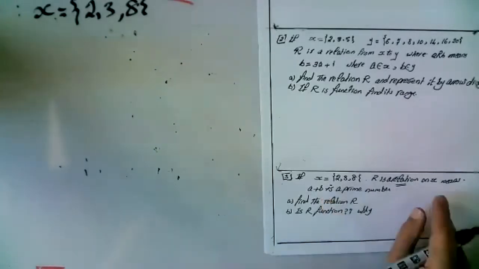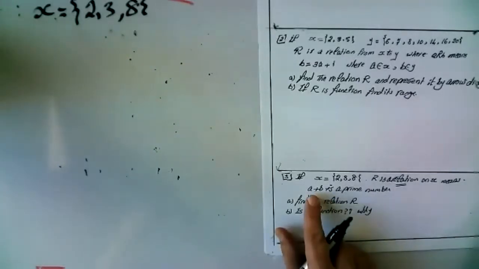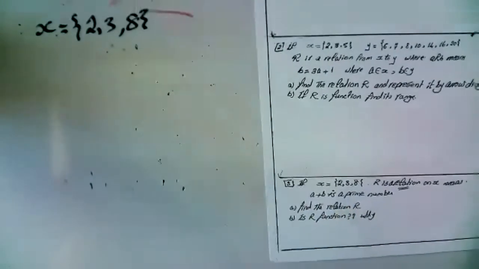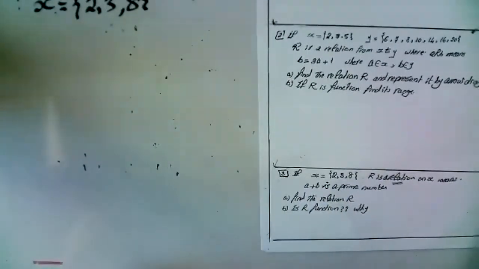The relation between the elements of the set X means that a plus b is a prime number. Prime numbers, what are prime numbers? Prime numbers are numbers which have only one factor, or are divisible by themselves only. A plus b is a prime number.